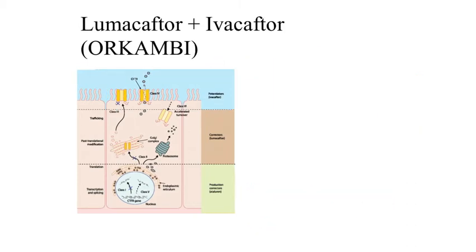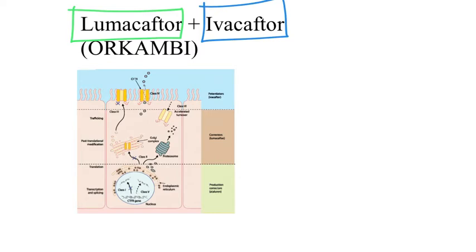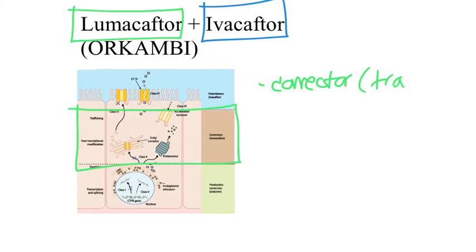The next CFTR modulator to be developed was lumacaftor, which is prescribed in combination with ivacaftor as Orkambi. Lumacaftor is what is known as either a corrector or a conformation stabilizer for the CFTR transporter. It assists in trafficking CFTR protein from the ER and the Golgi complex to the cell surface.